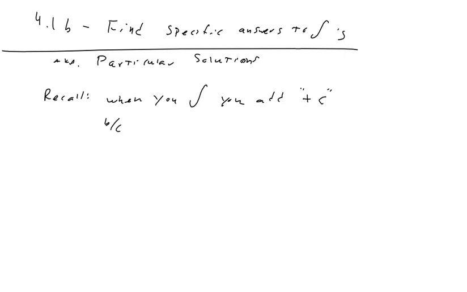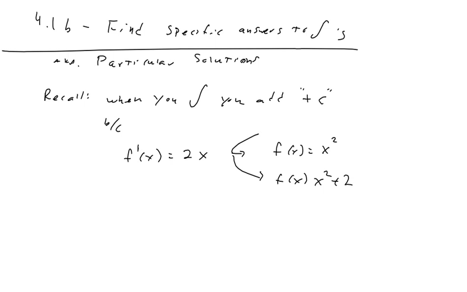The reason why is because, for example, if f prime, my derivative, was equal to 2x, my original equation f of x could have been x squared, or x squared plus 2, or x squared minus 5.